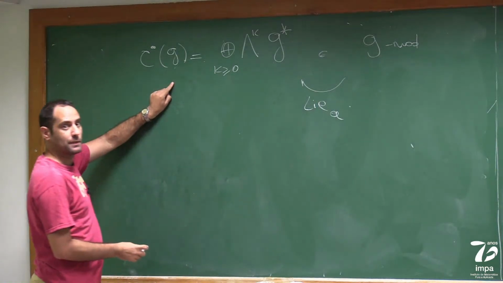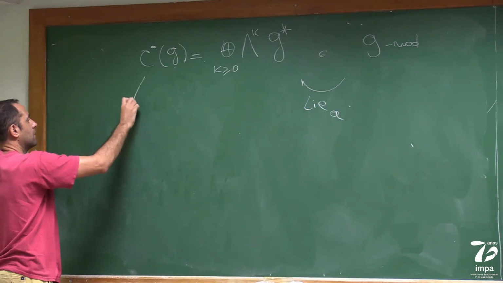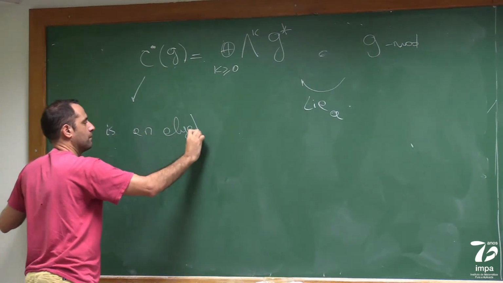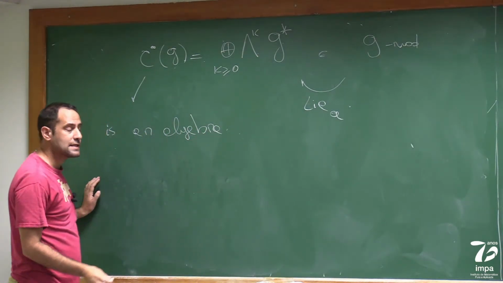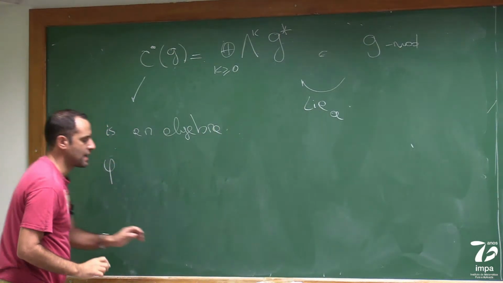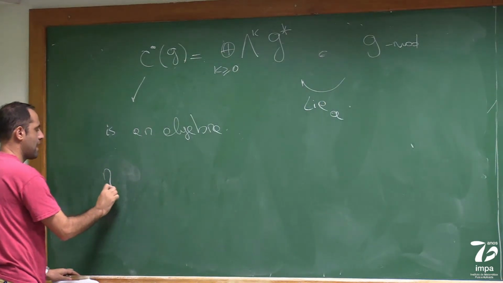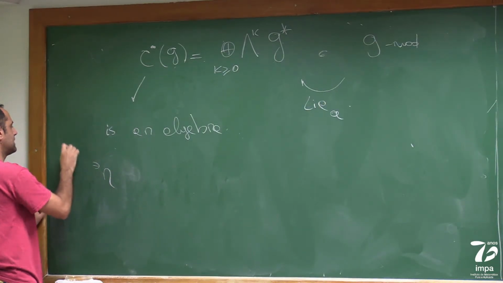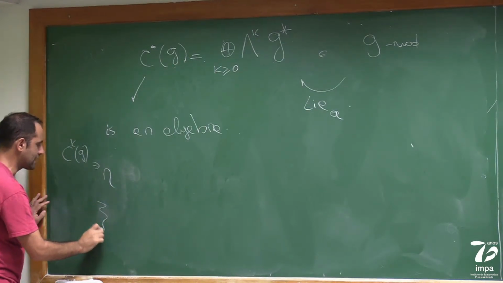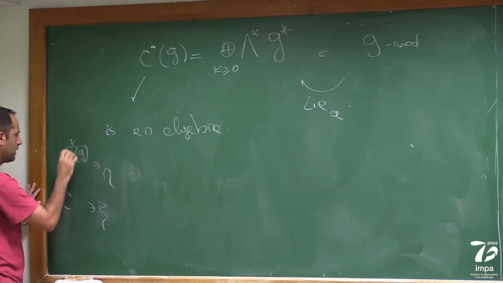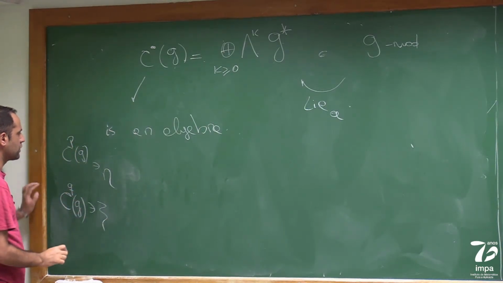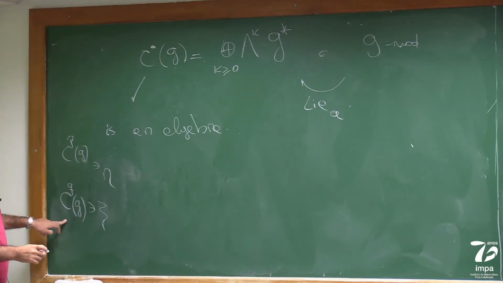This guy is an algebra. It's a commutative algebra. It has this product: if you give me a K form, let me say eta, that is in C^K of G, and you give me some zeta, let me put P and let me put Q, so this is a P form and a Q form.